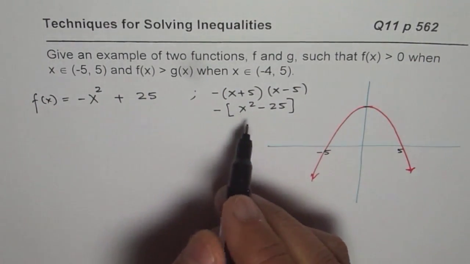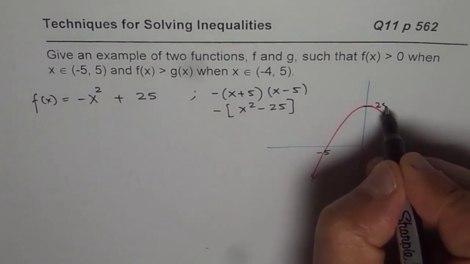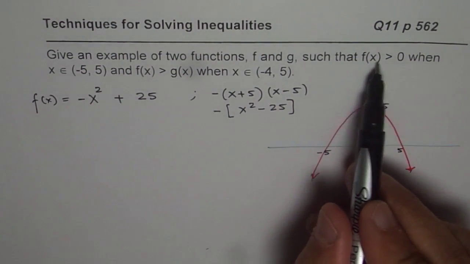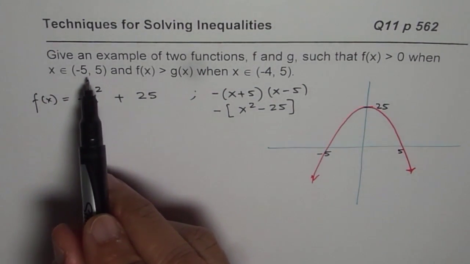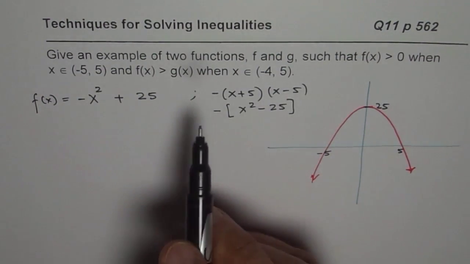Is it okay? So I've written here minus x squared plus 25. This point being 25. So that is how you can get the first function. Clear? So whenever you have conditions like this, between 2 points, your function is positive or negative. If it was negative, then it would have been like this anyway.